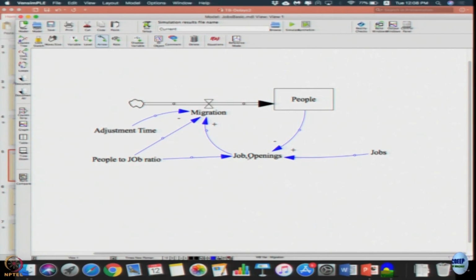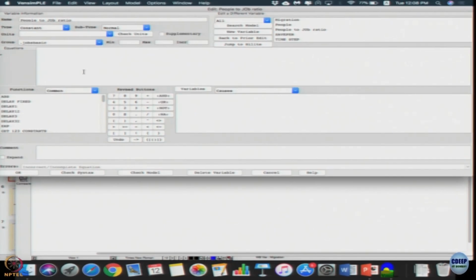These are two equations which require changing, so I am just connecting it to them. As soon as you click f of x, all three are going to go black. Person to job ratio, let's call its unit person by job. Let's just say one person equals one job for simplicity's sake.